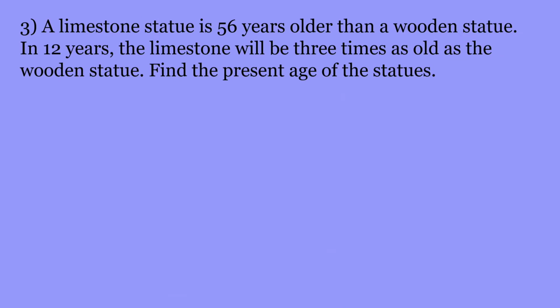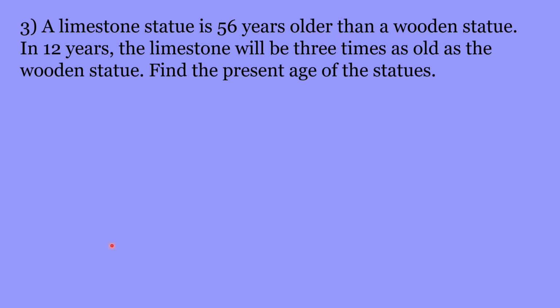Number 3. So, we can also use age problems with old things, aged things. So, in this example, there's a limestone statue that is 56 years older than a wooden statue. Again, a limestone statue is 56 years older than a wooden statue.